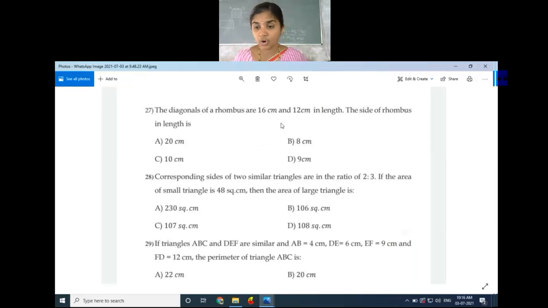In a rhombus we can observe two diagonals, both with different measurements. In a rhombus the diagonals are not equal. One diagonal is 16, another is 12. Can you predict the side measurement? In a rhombus, we all know all the sides are equal. If the diagonal measurement is given, how can we find the measurement of the rhombus side?